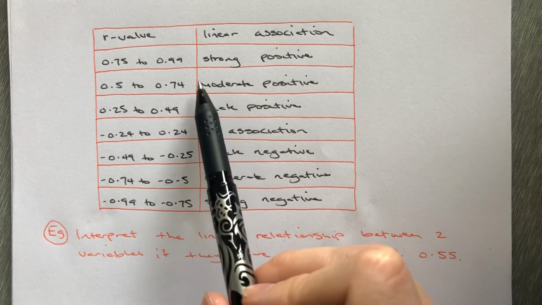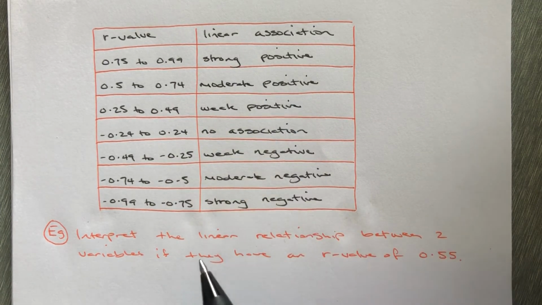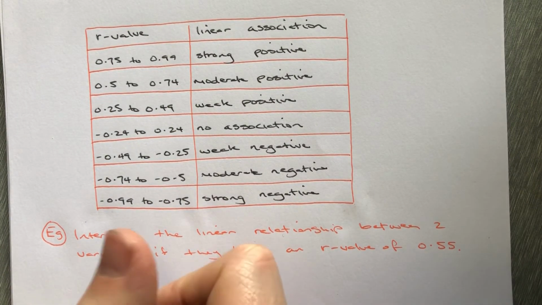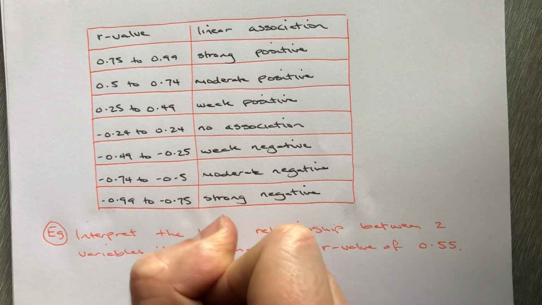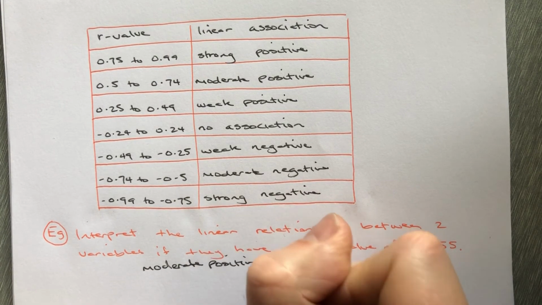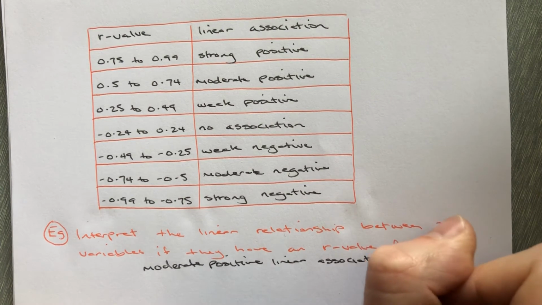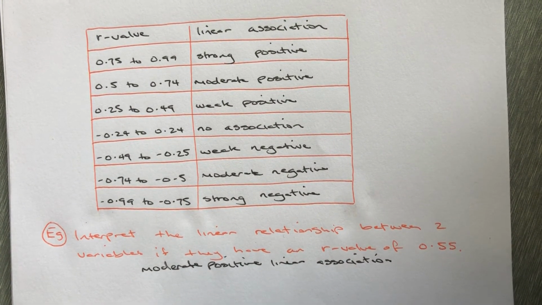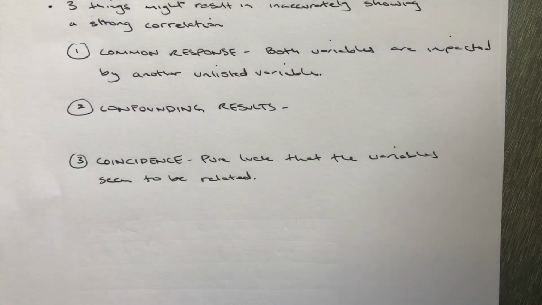So that would mean we have a moderate positive linear association. So let me write that answer down. And that's really all we need to do for that. We've interpreted it.